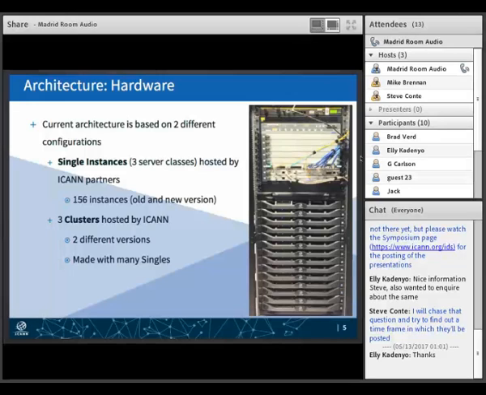Those single instances, we're actually dividing in three different hardware types. One is the old hardware that we used to tell the host they would use, based on some specific configurations.